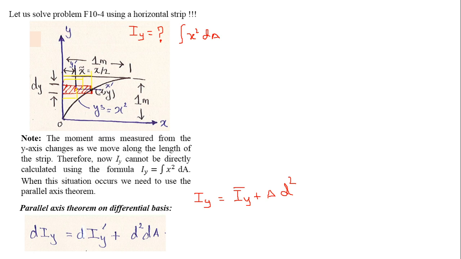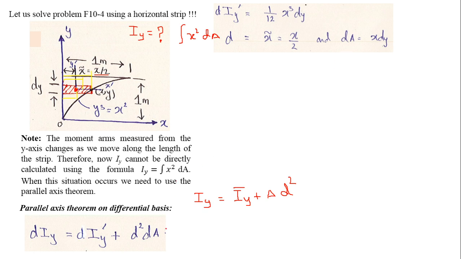That distance was the centroid of this strip, which was equal to x tilde or x by 2, right? So this distance between the two parallel axes y and y dash is equal to the x coordinate of the centroid of this differential element, which is x tilde, equal to the length of the differential element divided by 2, so x upon 2.